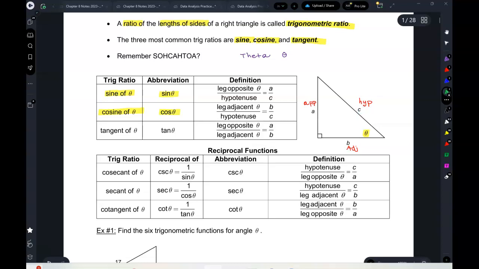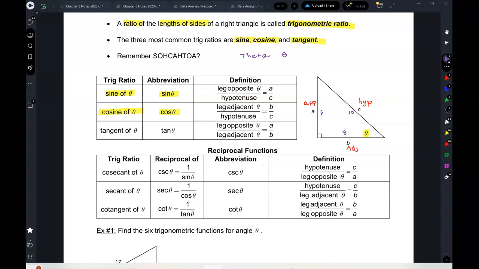So if I had a triangle with sides 6, 8, and 10, and if I said, hey, what is the ratio between the side that is opposite to theta and the side that is adjacent to theta, it would say, oh, it's 6 over 8. But that's so wordy. Instead, I could just say, what is sine of theta?